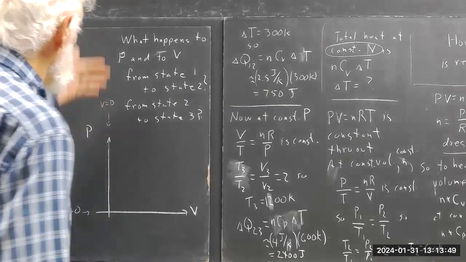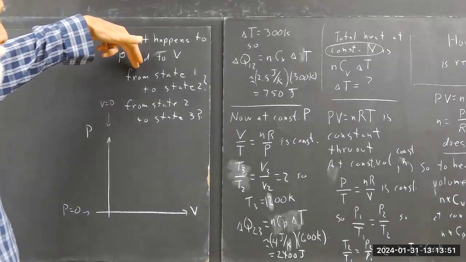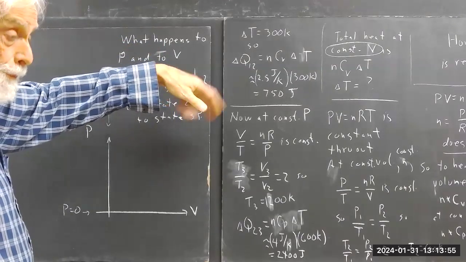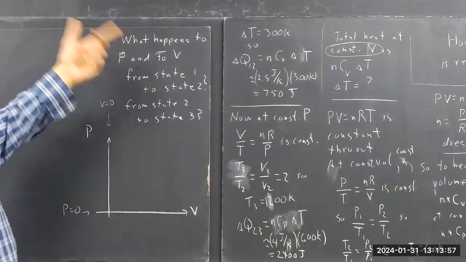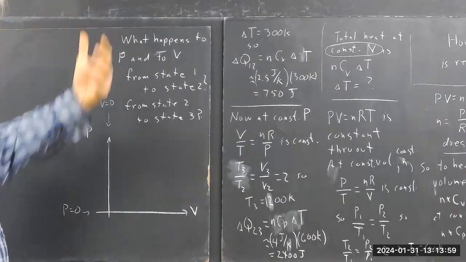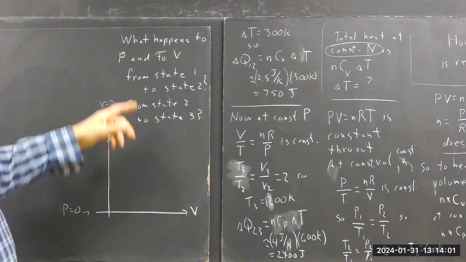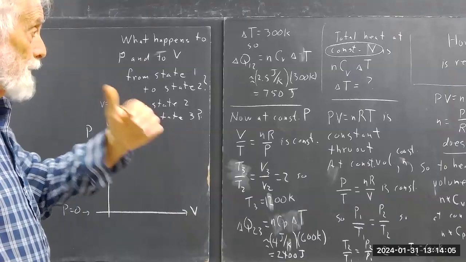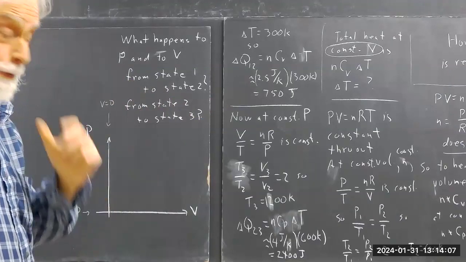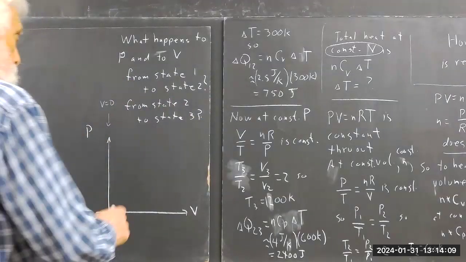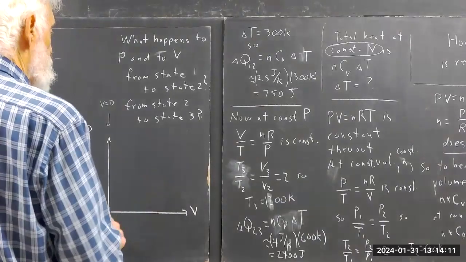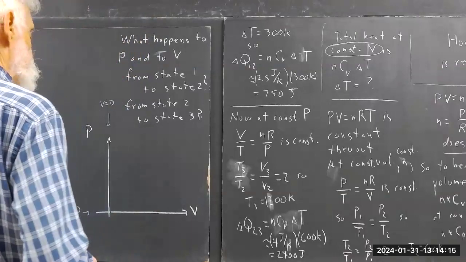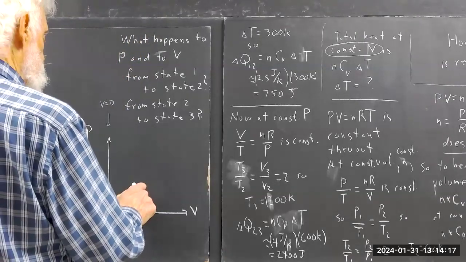Okay, so again, the question: what happens to pressure and volume as you go from state one to state two and from state two to state three? It turned out that from state one to state two, the volume stays constant, the pressure increases. State two to state three, the pressure stays the same, the volume increases. So we start at a state where the volume is 5 liters.